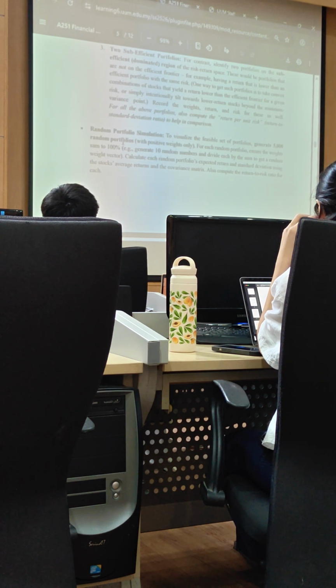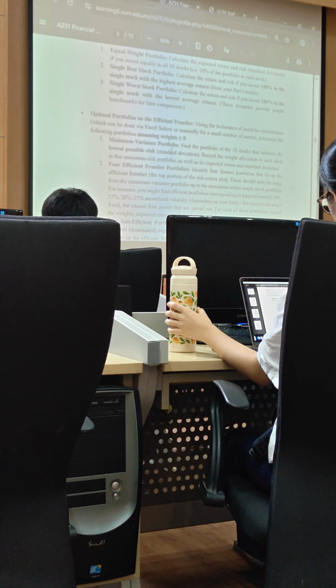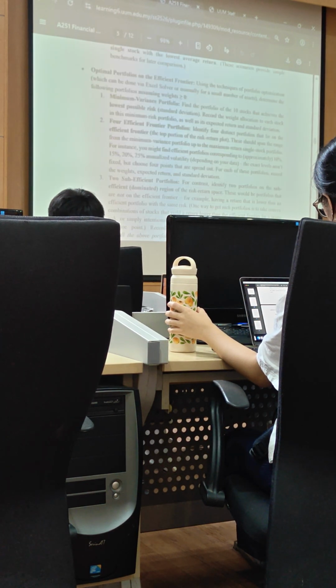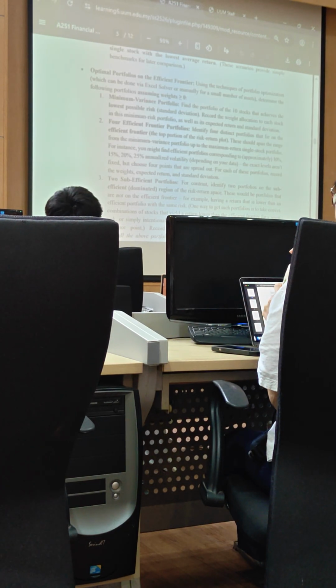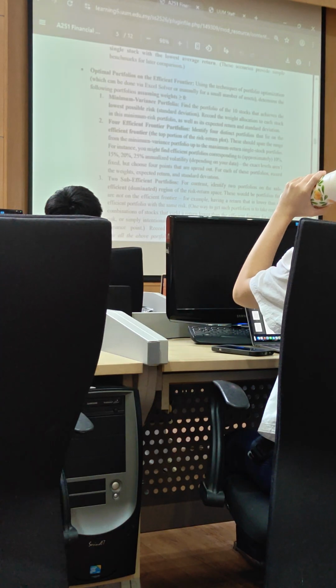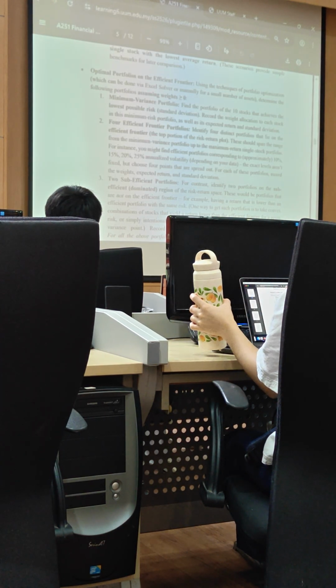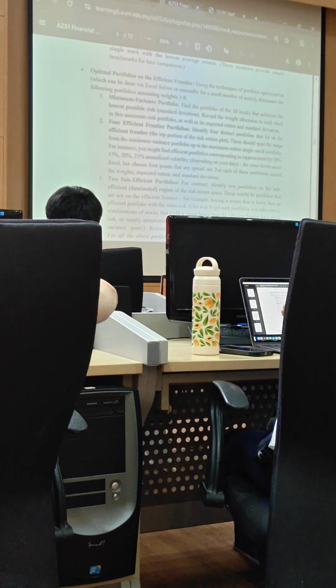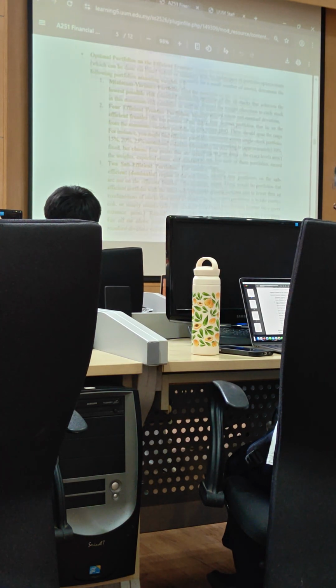Okay, only positive numbers are allowed. Okay, so when we want to do short selling portfolio, you will see two different things. One, the efficient frontier itself will be different because it now consists of short selling stocks. Okay, and the 5,000 portfolio will be different as well.